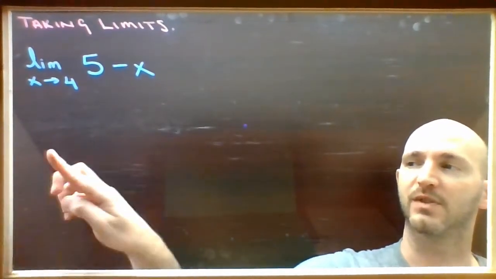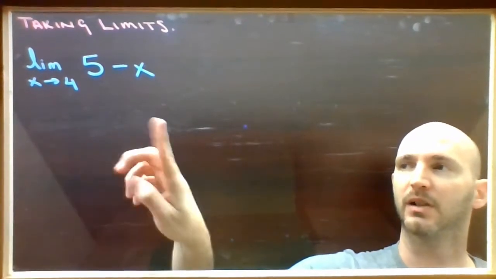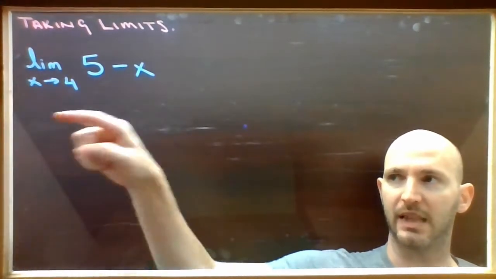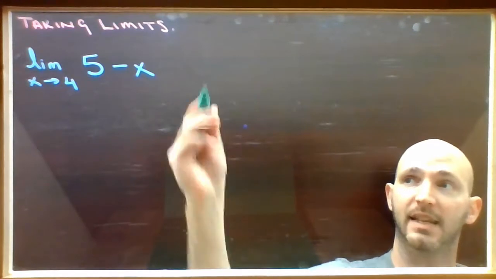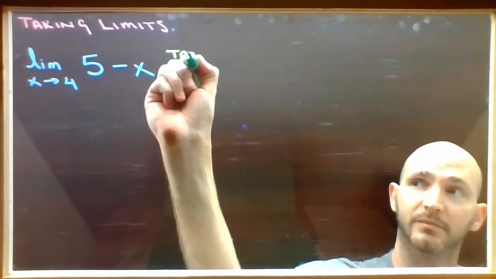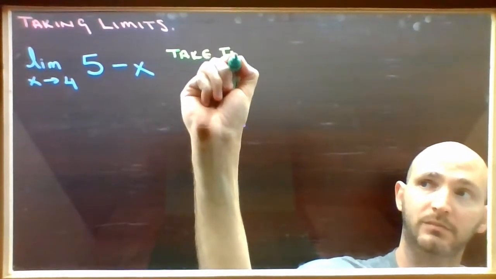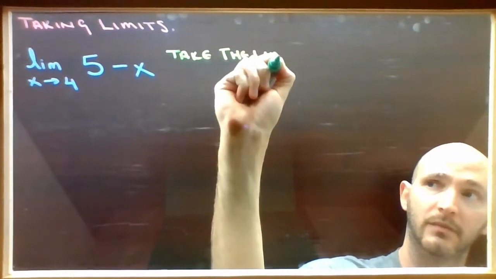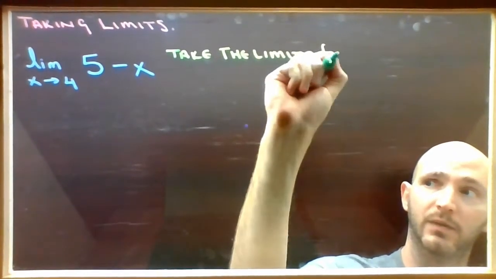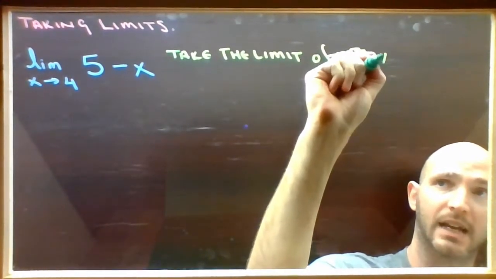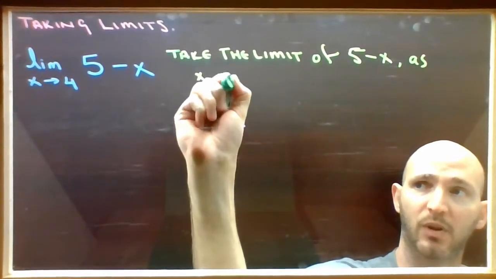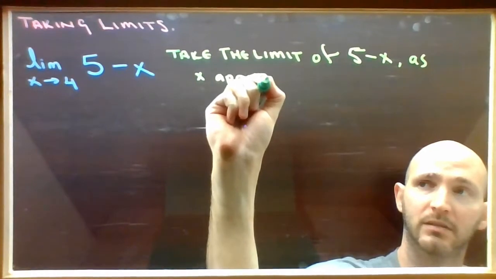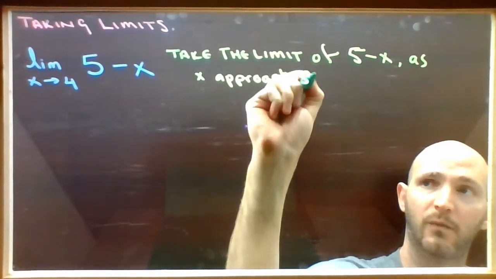So we're going to do this first one, and it's pretty straightforward. I've got it written this way, and I'm just going to parse that in English for you. That says, take the limit of 5 minus x as x approaches 4.